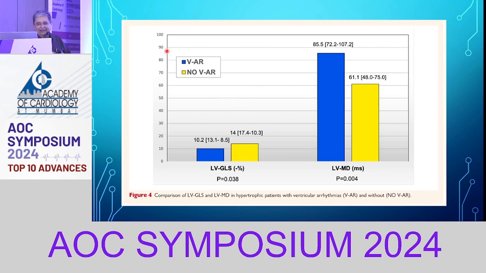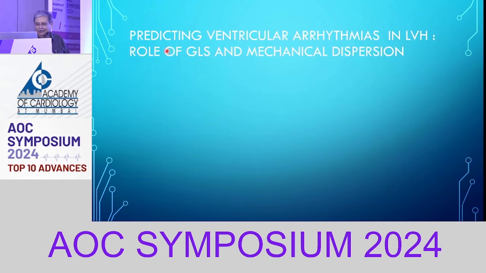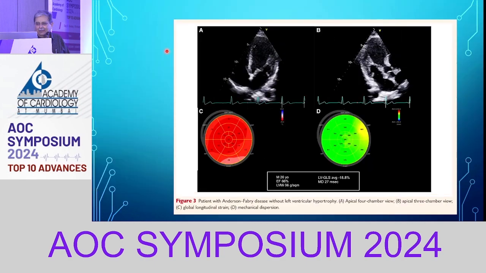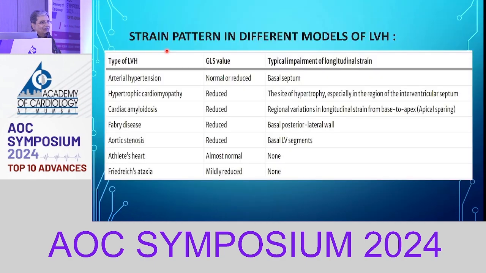So in a given case of LVH, if you add these speckle tracking capabilities with mechanical dispersion, this is the kind of tissue diagnosis that you can make. Especially useful when you are trying to differentiate athlete's heart from other causes of hypertrophy. Now, athlete's heart essentially is a normal heart.